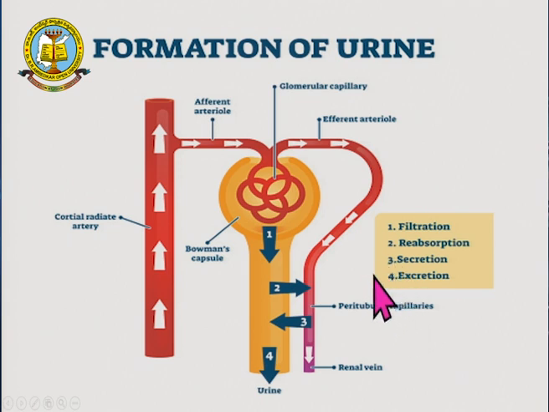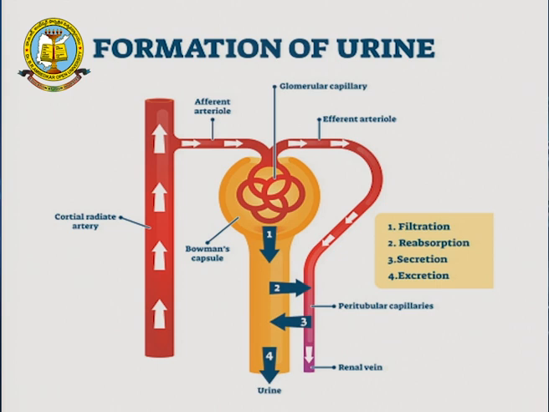Now we discuss the four functions of the nephron: first filtration, then reabsorption, secretion and excretion. Filtration means the metabolite components are filtered and the substances concentrated. Reabsorption is of sodium, potassium, chlorine and water molecules.